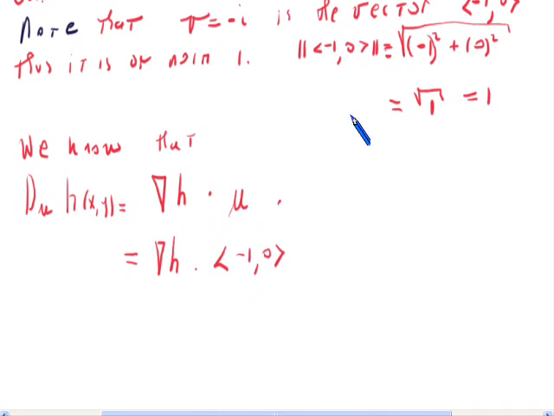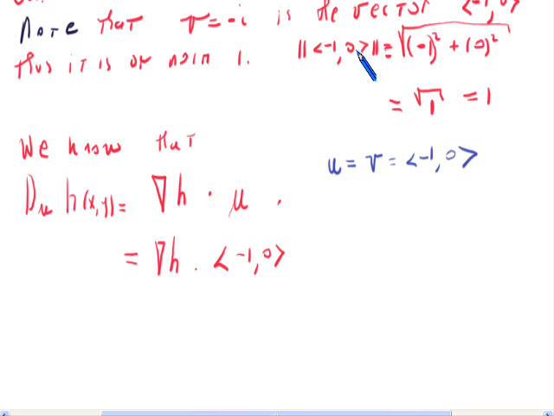We're letting u be the vector v, which is the vector negative 1, 0, and this is a vector of magnitude 1, as we saw above.